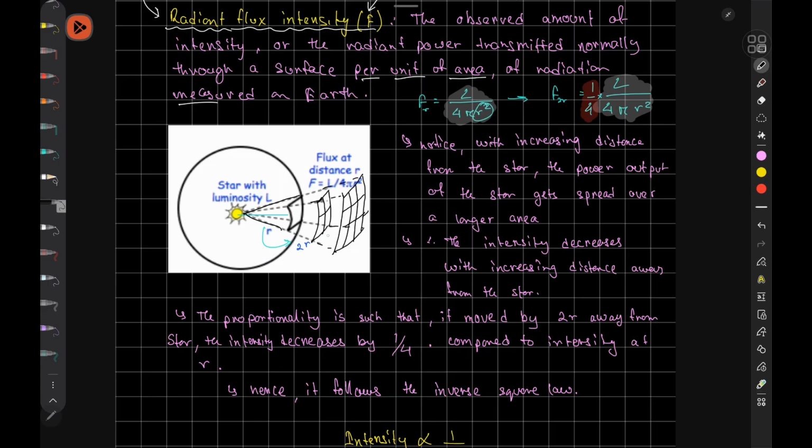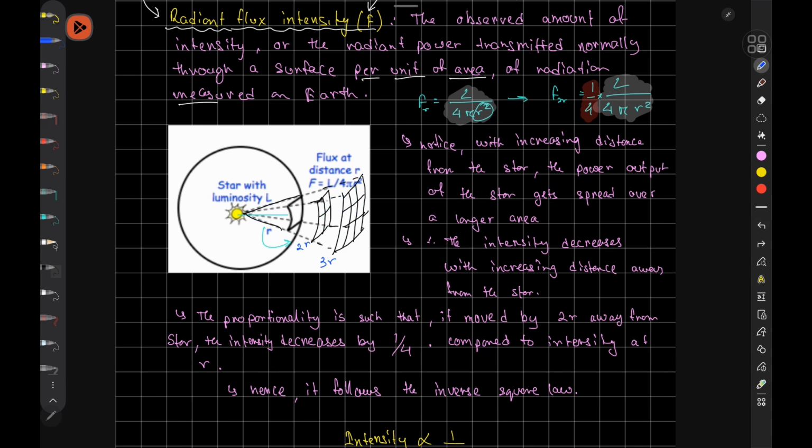Perfect. So what do you notice? The same amount of light is within that solid angle, whatever the solid angle may be. You haven't studied solid angle, it's just an angle in 3 dimensions, just believe me. So whatever light is coming out from here is the same amount of light over here as well.